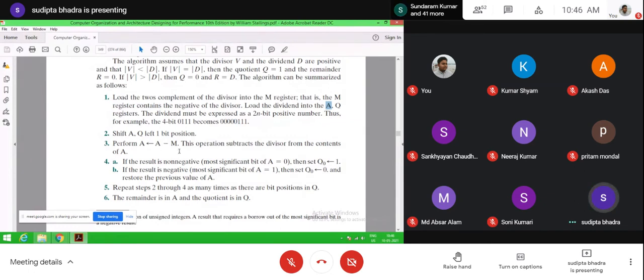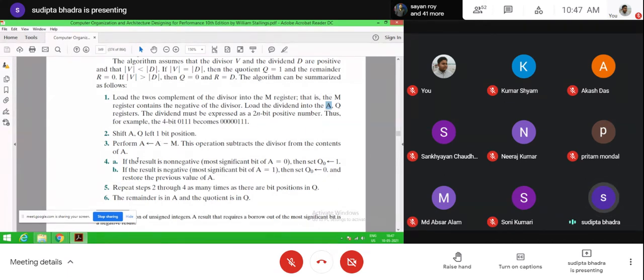This subtraction mainly checks whether the partial remainder is divisible by m or not. If it is divisible by m, then this subtraction will give you a non-negative result. If it is not divisible by m, then it will give you a negative number.